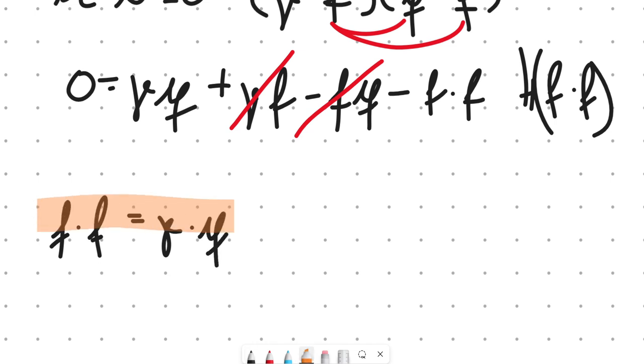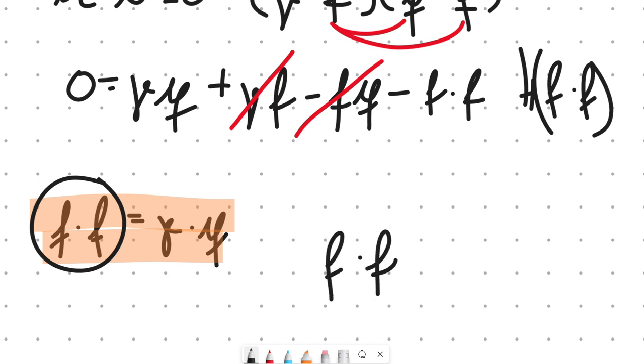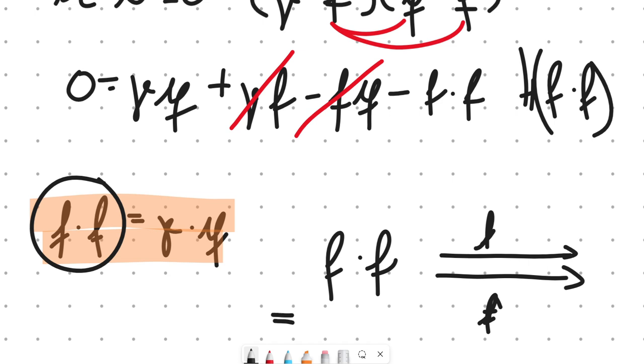Now this is a very important thing we have to notice, and this is a scalar product. If we take the scalar product of two vectors, let's take the same vector F and F, it would mean that we take the cosine of the angle between these two, which would be 0 degrees, times the length of the first vector times the length of the second vector.